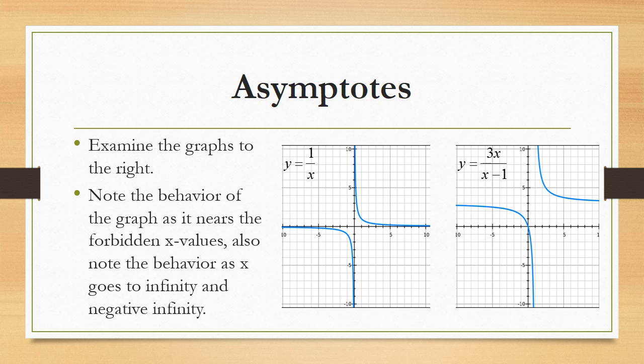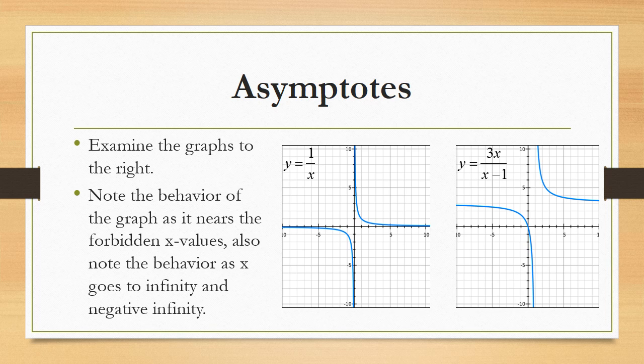In the second graph, the number that you cannot allow x to be is 1, because x minus 1 is in the denominator, and 1 would make that 0. And you want to look at what's happening as you approach 1 following the graph from the right and from the left. Look at what's happening to the y values as the x values get closer and closer to 1.